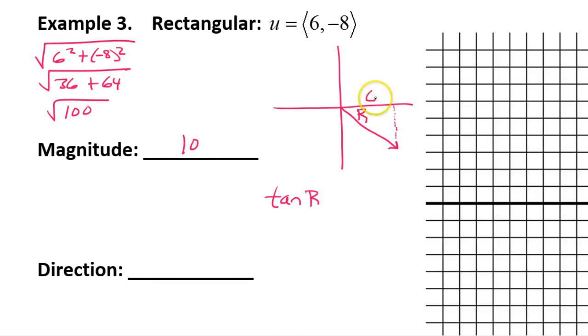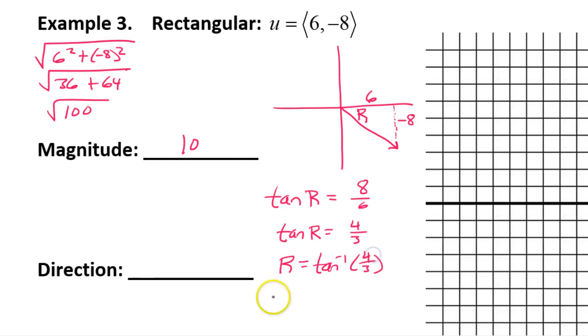Okay, I went right 6 and down 8, so the tangent of r should equal 8 over 6. I'm ignoring the negative sign because I just want the positive value of r. So that means the tangent of r is going to equal 4 over 3. So that means the measure of r is going to equal the inverse tangent of 4 over 3.